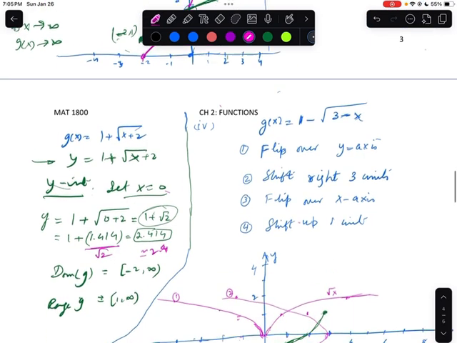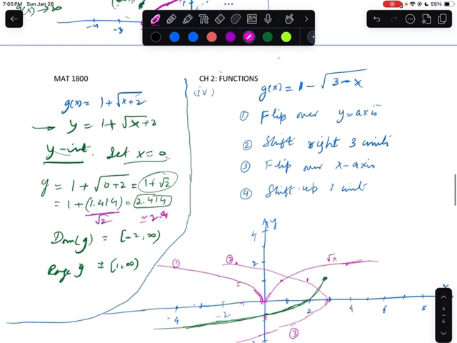Now the domain can also be found from the given equation. Remember the rule for square roots: we cannot have a negative number under the square root. So we take the quantity inside the square root and set it greater than or equal to 0, and we get x is greater than or equal to -2.